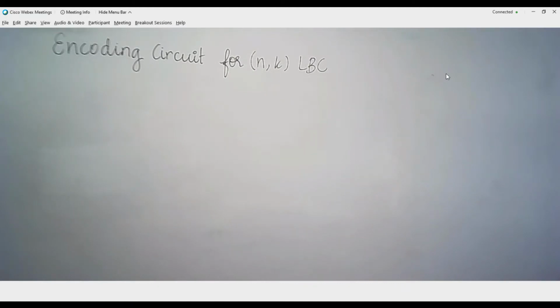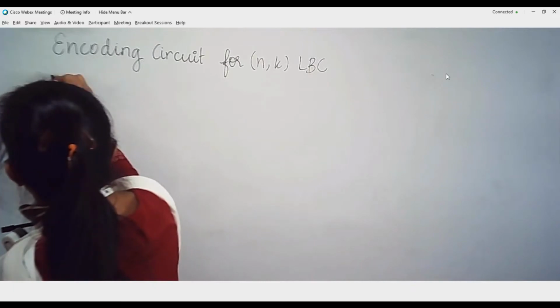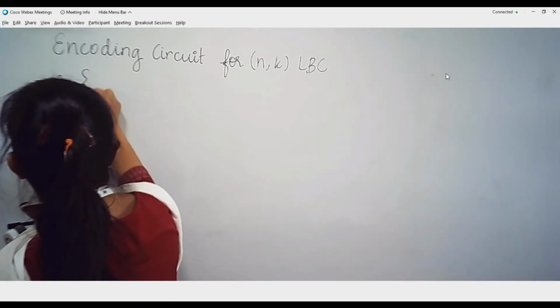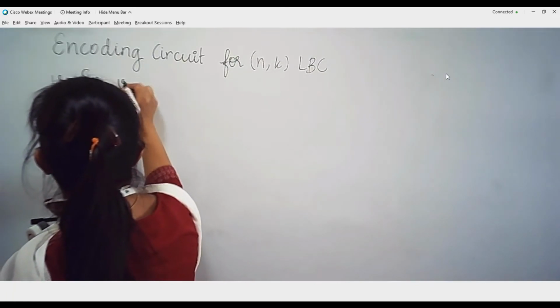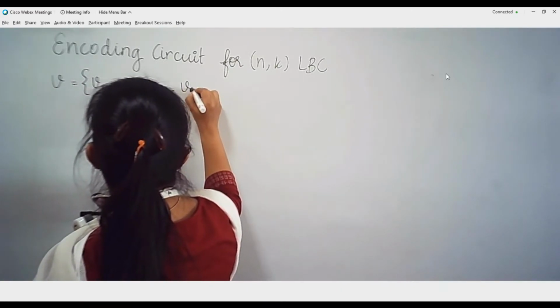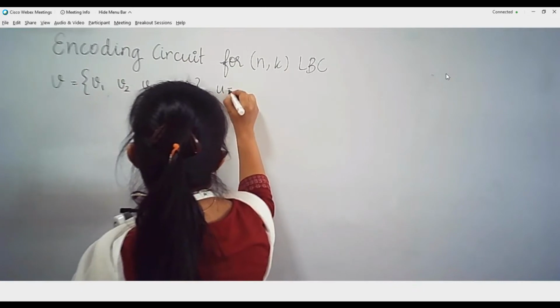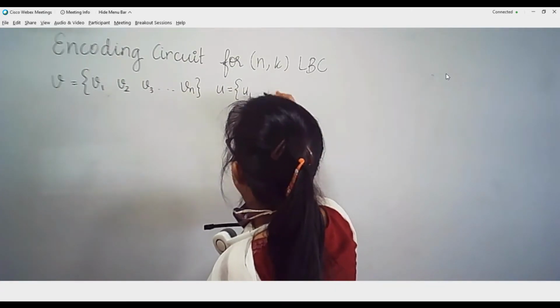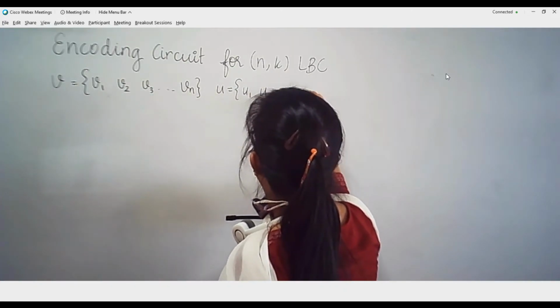First we will try to write the most generalized expressions, whatever we have known so far. First we will write it in a more generalized way, and then we will take a particular example, and then we can close it up with that. So we know that the output vector V is expressed as V1, V2, V3, and so on up to Vn, and the input message vector is denoted as U1, U2, and so on up to Uk.